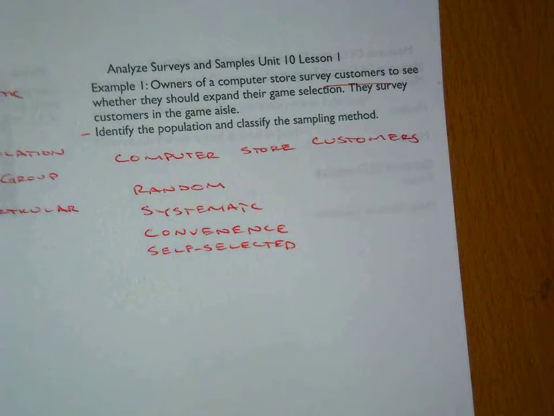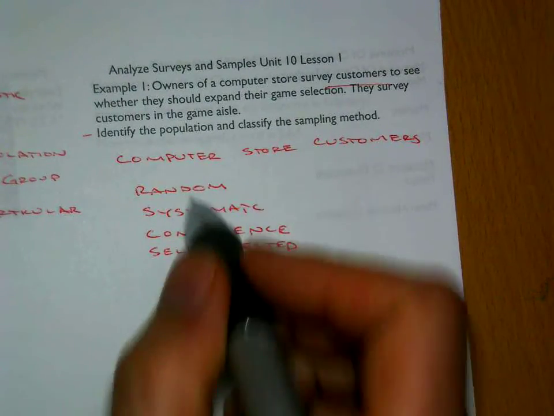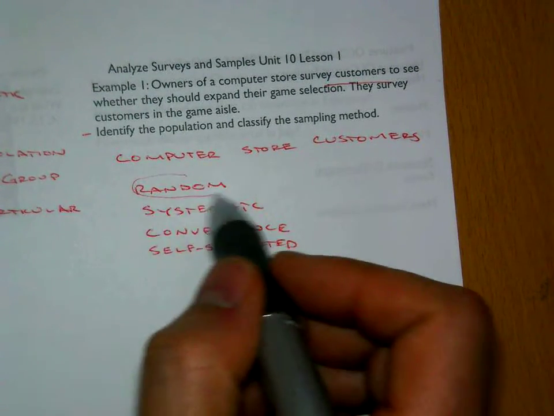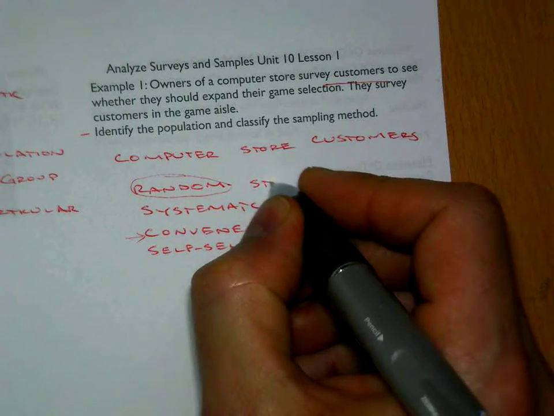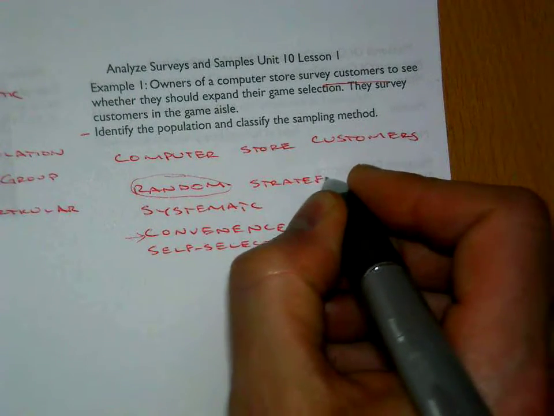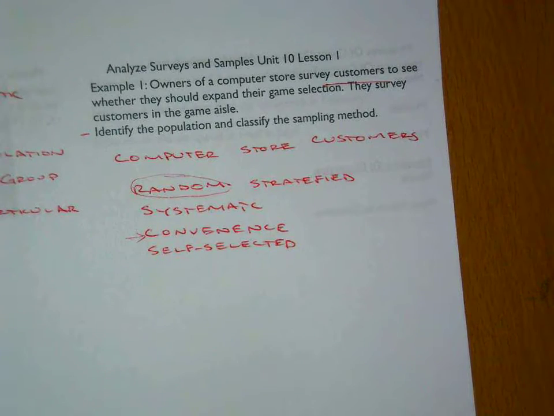So, if we had to pick here, I'd say this is probably a random. We're only picking people who randomly come. You might be able to call it a convenience thing, because it's convenient that they're just surveying people who are in that particular aisle. There's another kind called stratified random sample, and that means you're dividing a population into distinct groups.